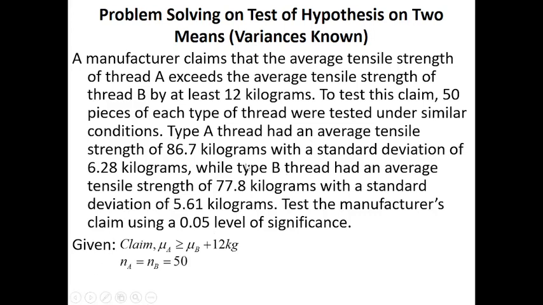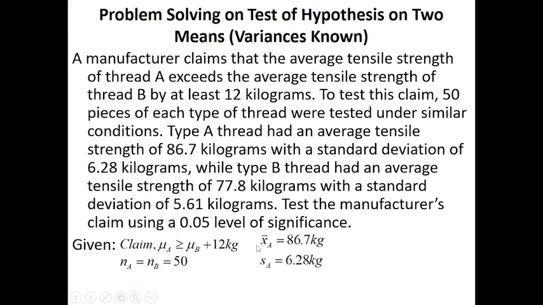And then we have here 50 observations, or should I say 50 pieces of each type of thread. So n sub A equals n sub B equals 50, tested under similar conditions.